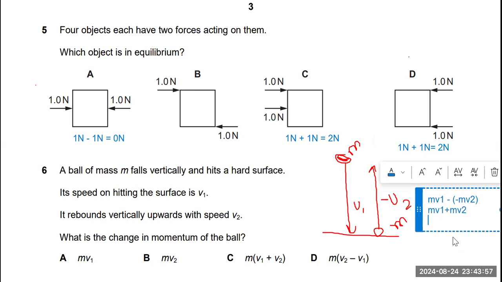You can see m is constant. You have to take m common: m times (v1 plus v2). So this is your answer. It is option C. So our answer will be C. Correct? Okay.